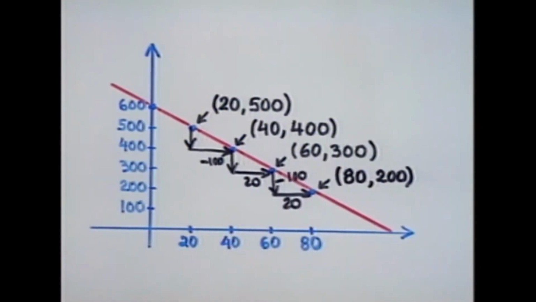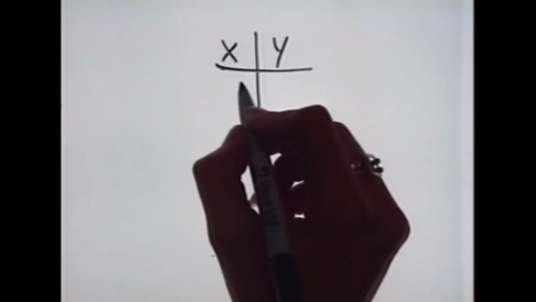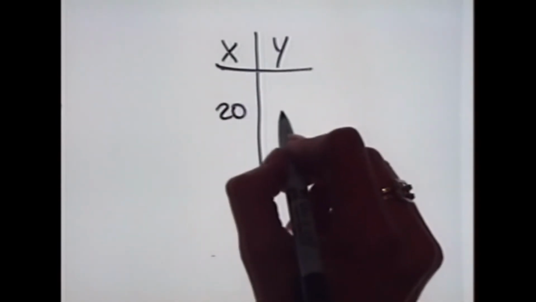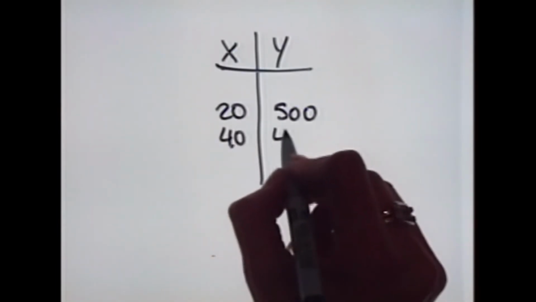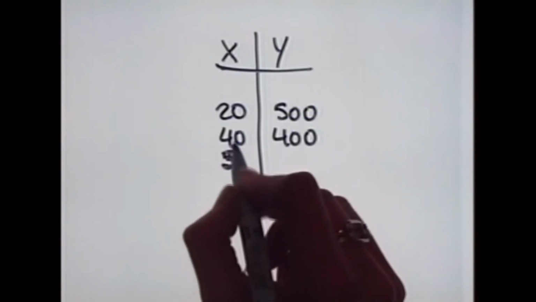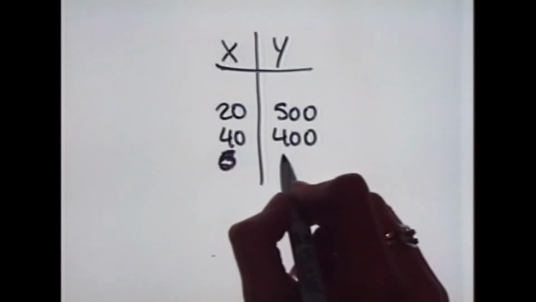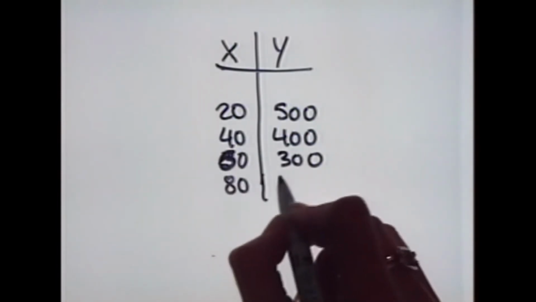So let's make a table and summarize the values we have. We have an x and a y table where a few values are given. 20, we have 500. 40, we have 400. 60 is 300. And 80 was 200.